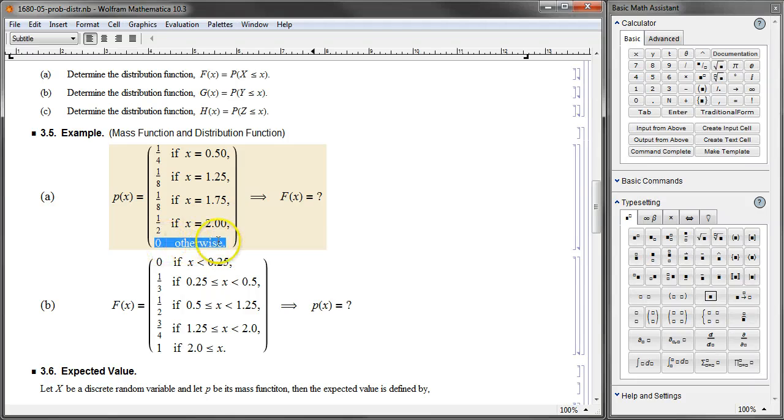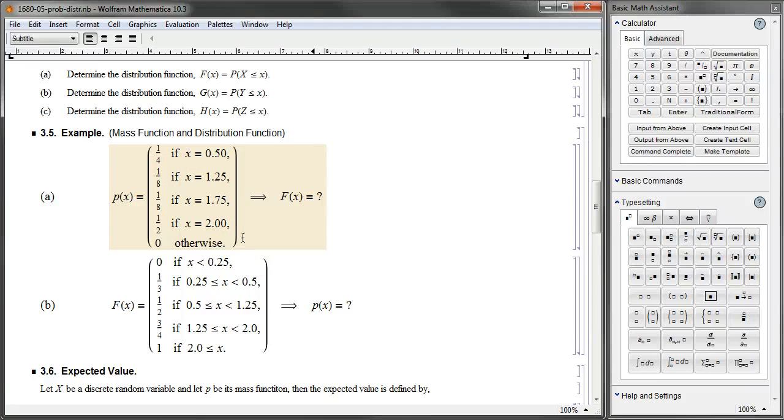Otherwise, impossible, so probability for those cases will be all 0. By the way, please make sure these are actually a mass function. 1/4, 1/8, 1/8, 1/2. Do they all add up to completely 1? Yes, indeed. So this is indeed a mass function, and these are indeed probabilities.